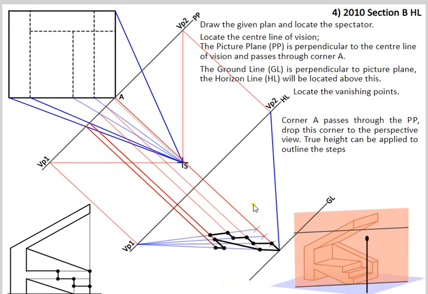Now looking at this, we know all these lines go back parallel to VP2, so all these lines can be brought back to VP2. So our last height here again can be measured from here, gives us these two heights here, so it allows us to draw the outline of the side.